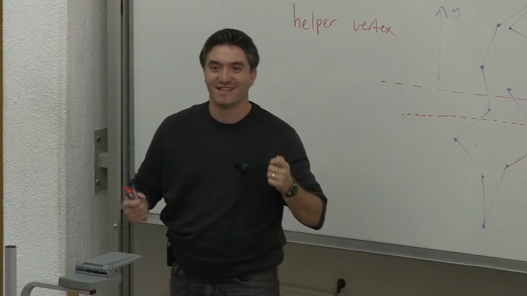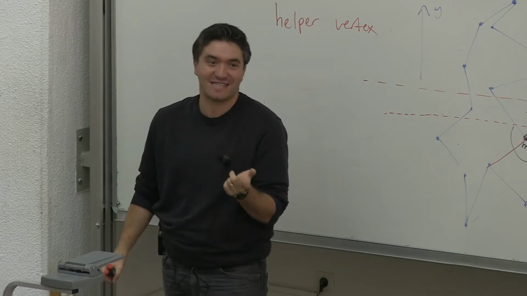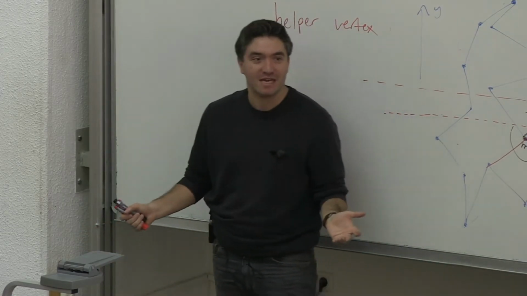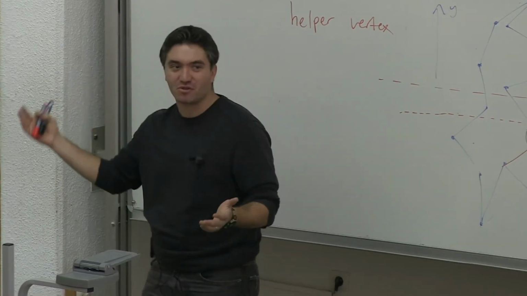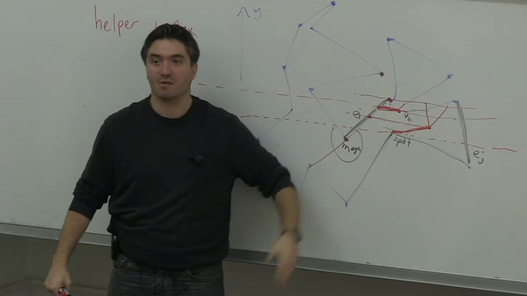But you only need one of them. You don't need the helper of two. You only need to find yourself a single vertex that is safe, and this is how you choose it. You could have chosen differently by looking at your right neighbor and setting the helper of your right neighbor.